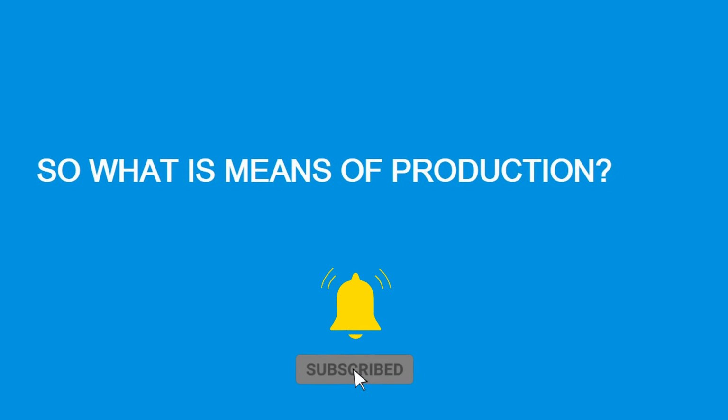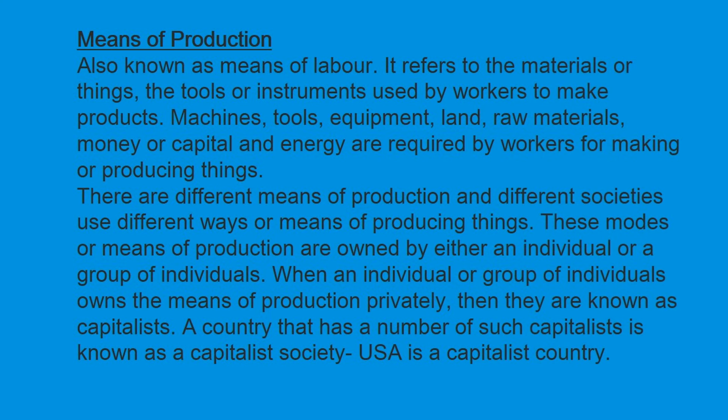So, what is means of production? Means of production, also known as means of labor. It refers to the materials or things, the tools or instruments used by workers to make products. Machines, tools, equipment, land, raw materials, money or capital and energy are required by workers for making or producing things. There are different means of production, and different societies use different means or ways of producing things.